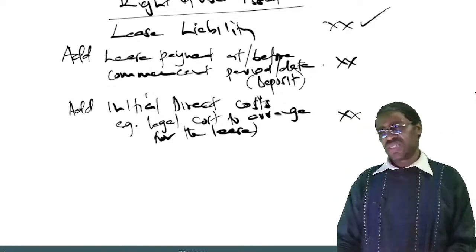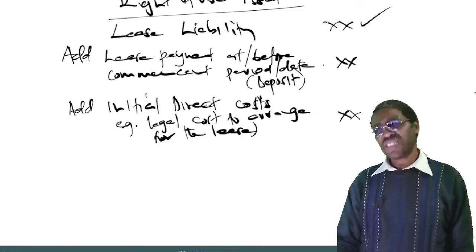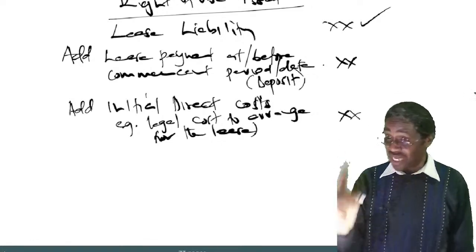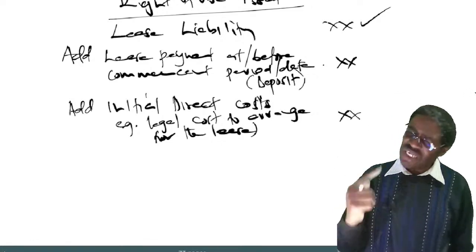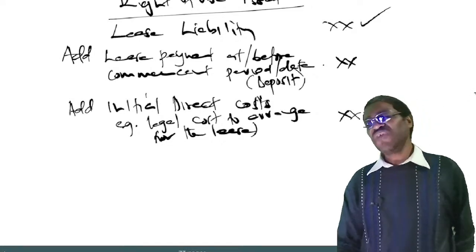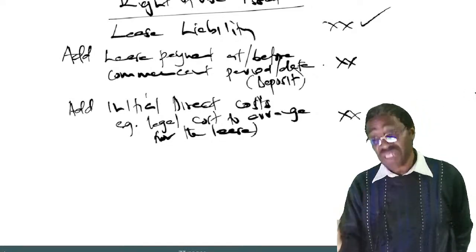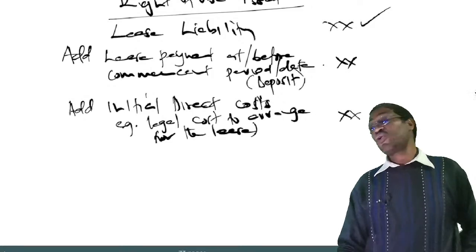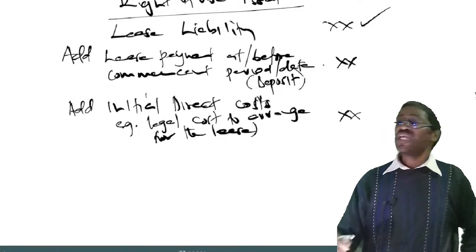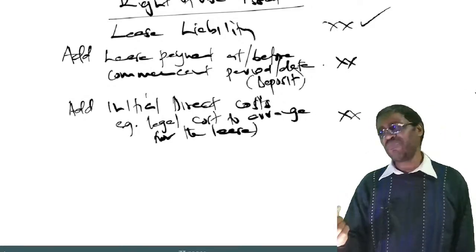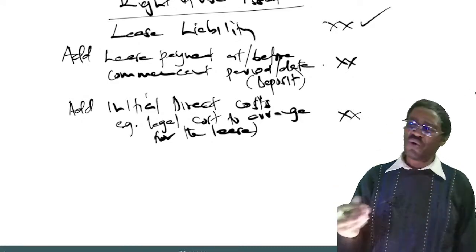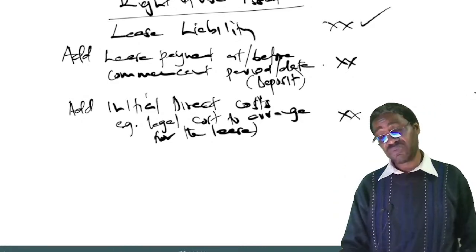Now listen. Another thing is, as the lessee, when you are signing this agreement, the lessor could give you what we call an incentive. So that you go into this agreement with him, he gives you an incentive or maybe a refund. Some books will call it a refund or an incentive.